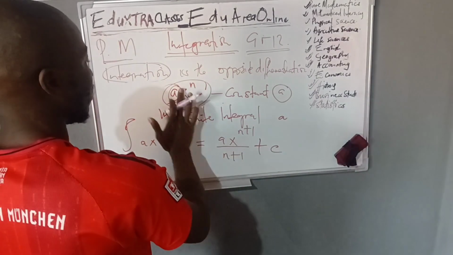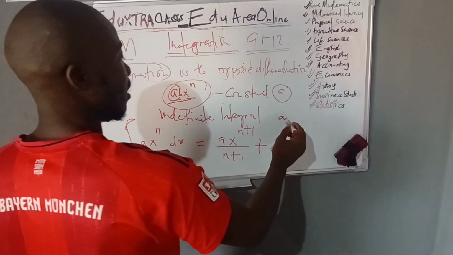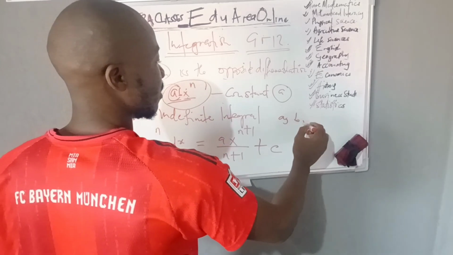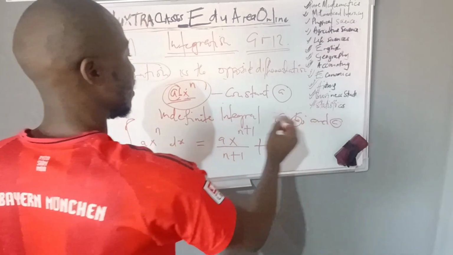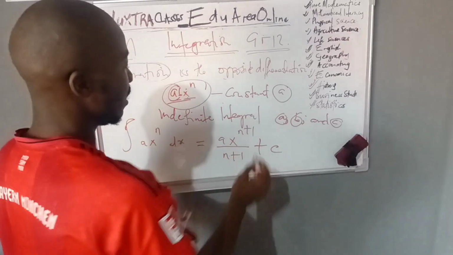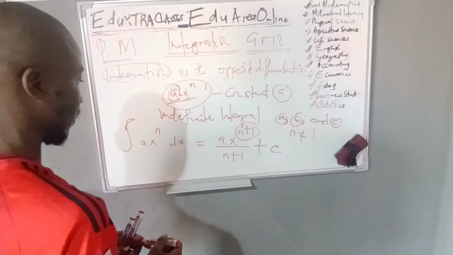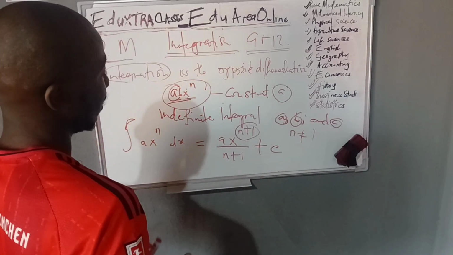Let's say this was a b x. So we're having a, b, and c as constants, and this n is not equal to minus 1. So this is how we complete the task of the integral.